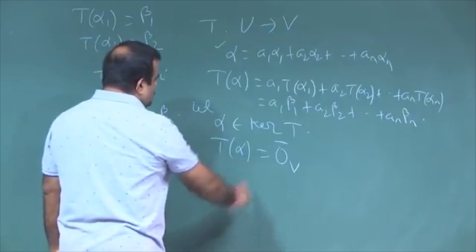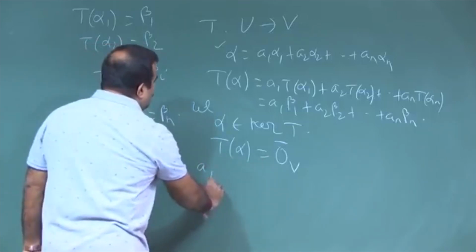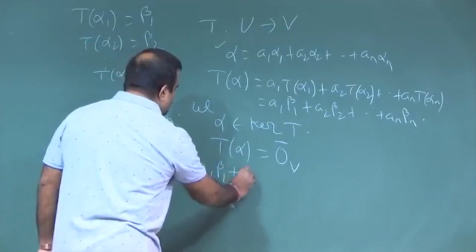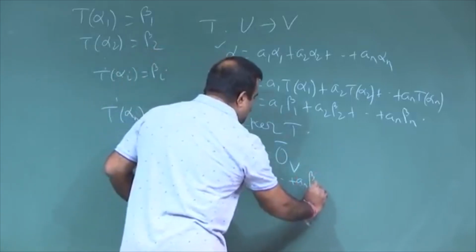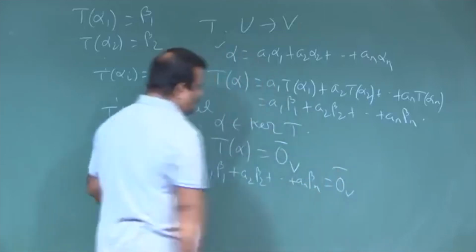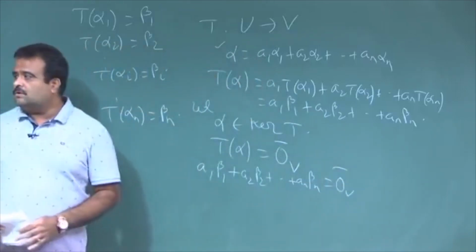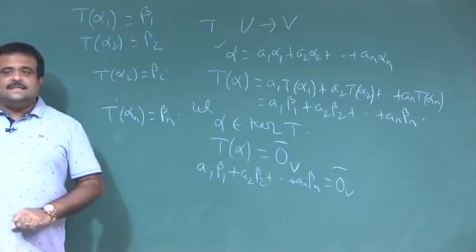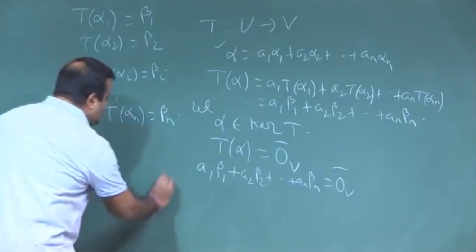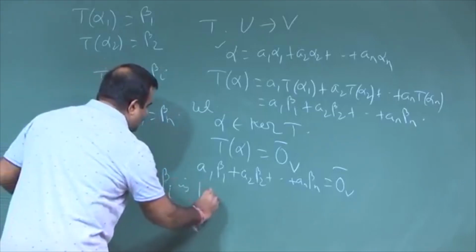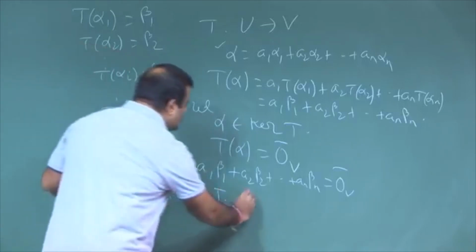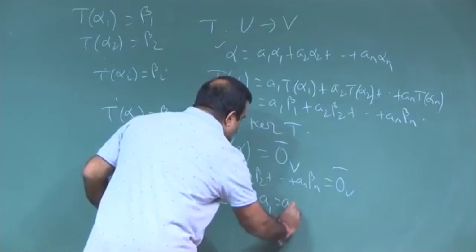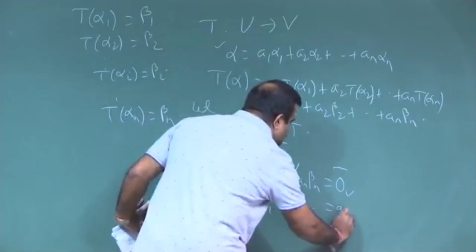That means a1 beta 1 plus a2 beta 2 plus up to an beta n is the 0 vector of V. Now, the beta i's are linearly independent, so this implies all the ai's are 0.